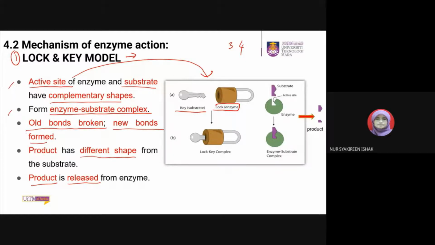This point is important for you to include. The second point: it forms the substrate enzyme complex. Another point is that all bonds are broken and new bonds are formed; you can mention either of these two. Product has a different shape. Product is released from the enzyme. This type of question is worth 3 or 4 marks.